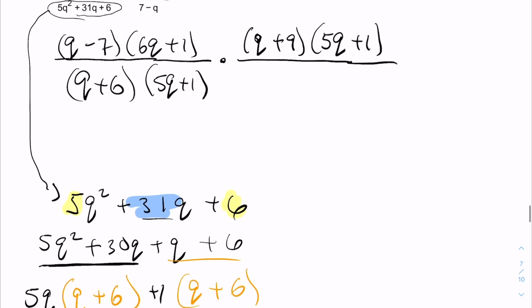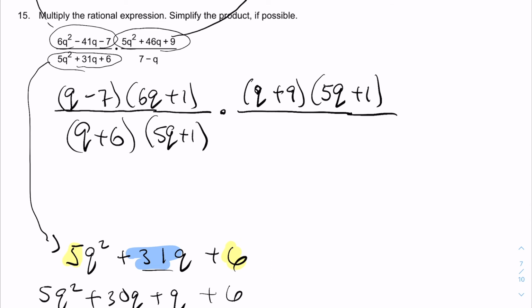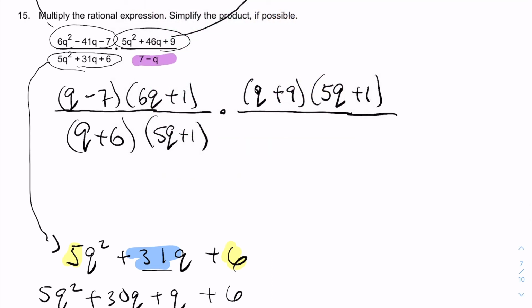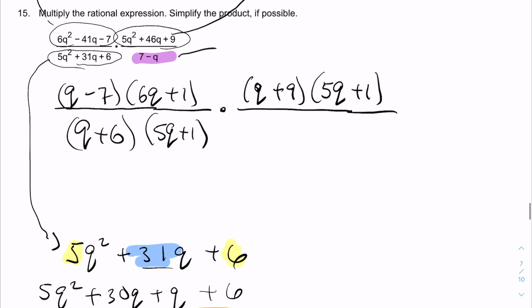Okay, we're down to just this right here. This is the remaining little bit that needs to be dealt with. It really is prime, but remember, we like to have our first powers first and the constant second. When you reorder that, it's going to be negative q plus 7, and we don't like to have that negative in front. So all we're going to do is factor out the negative.